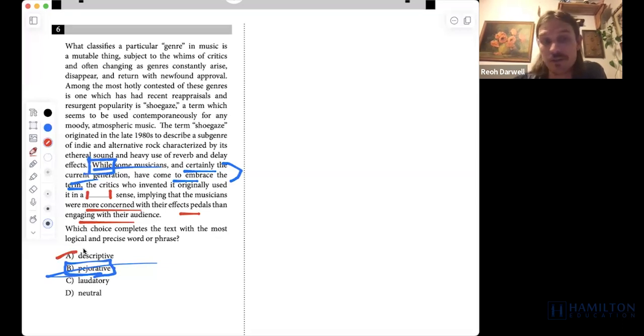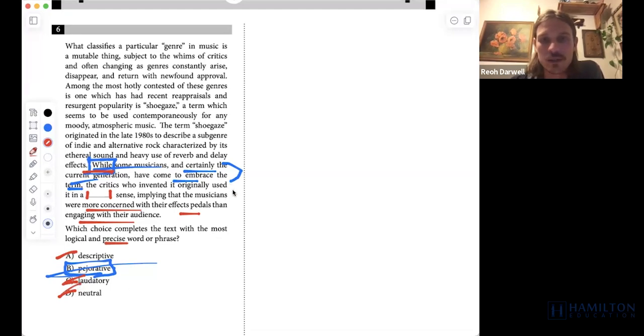It is descriptive, right? But why would there be this while here for something that's descriptive? Okay, there wouldn't be that contrast there. So that is not the most precise word. It's definitely not laudatory. And finally, nor is it neutral, right?